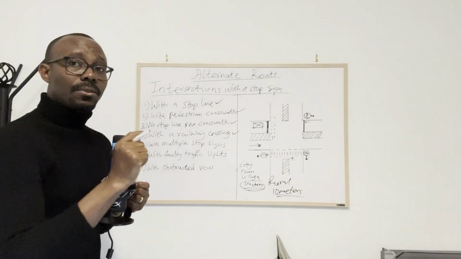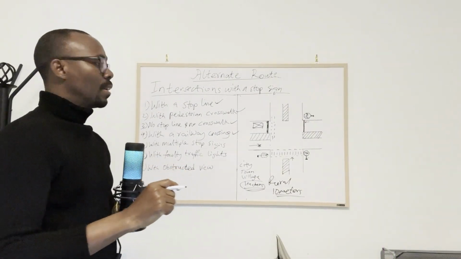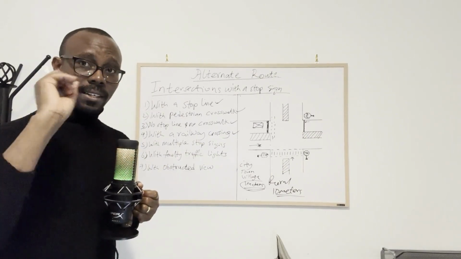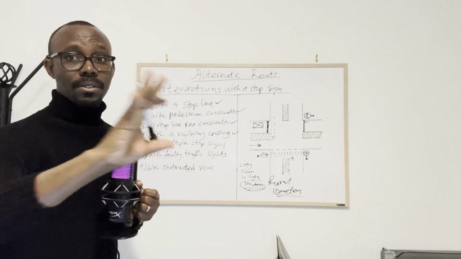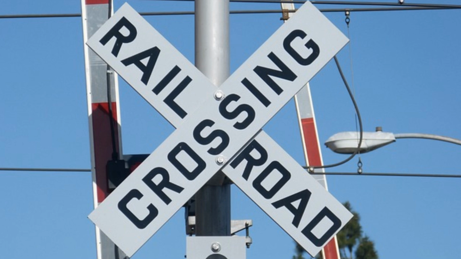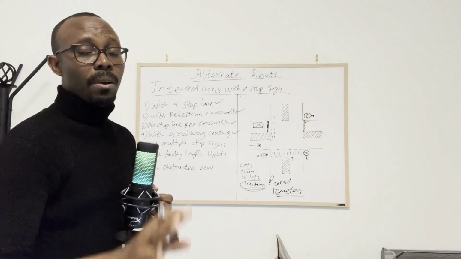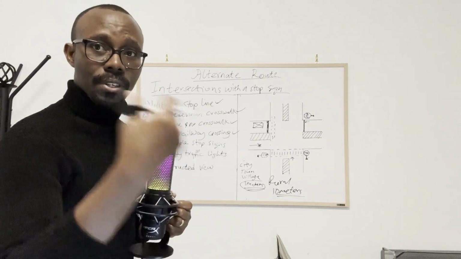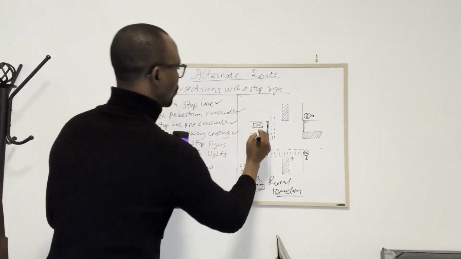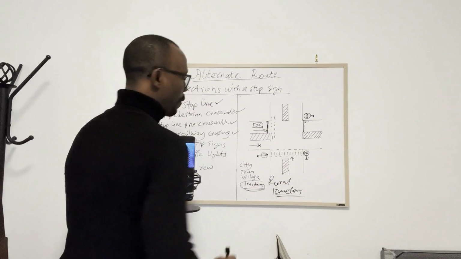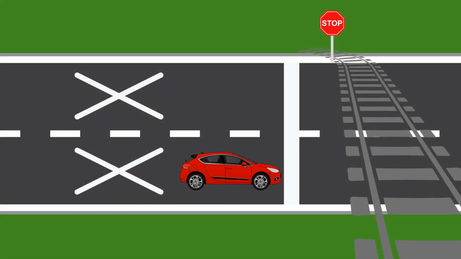Now, if you get to this intersection and the railway crossing lights are not flashing, that is to say, there is no indicator that the train is coming, but maybe there is a traffic light or a stop sign there, you want to make sure you stop just before the stop line.